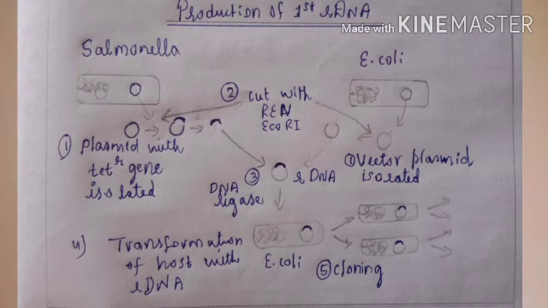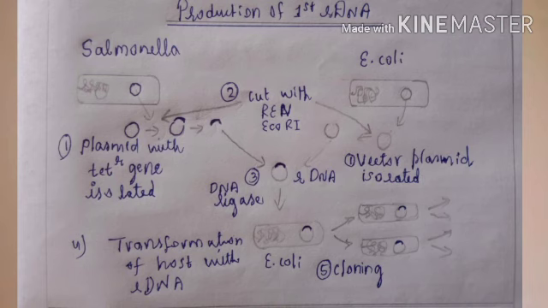Using restriction endonuclease called EcoRI, both the plasmids were cut. Once the gene was isolated from the plasmid of Salmonella, it was joined to plasmid of E. coli using a DNA ligase enzyme. It is a ligating enzyme.